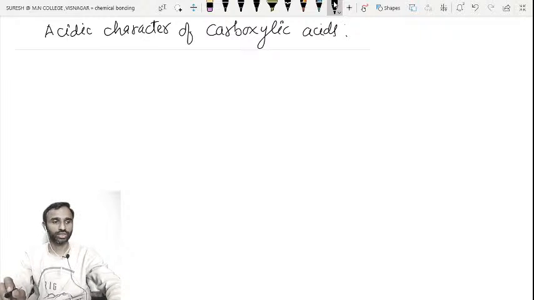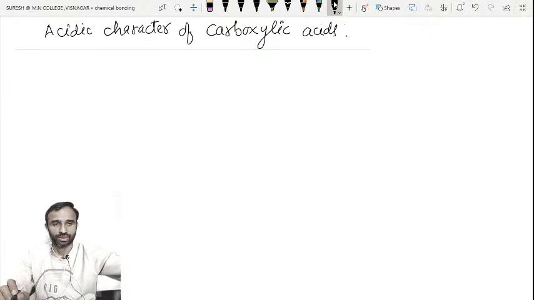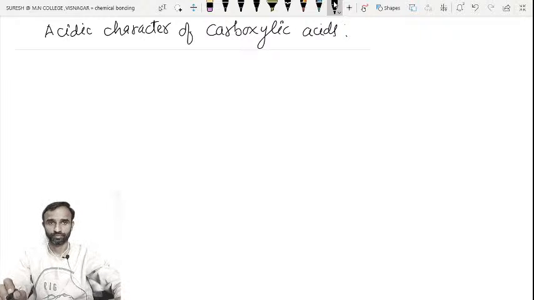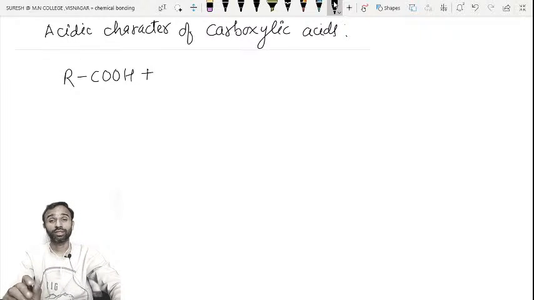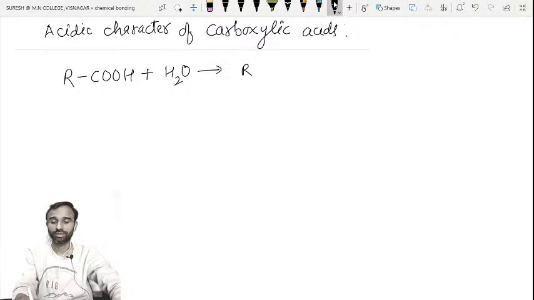So in these reactions, we have RCOOH. Keep in mind that the dimer formation that I talked about takes place in aprotic solvents only. Otherwise, if it is a protic solvent, then ionization takes place.